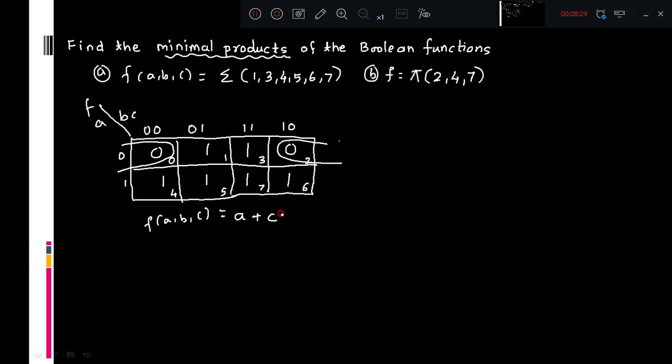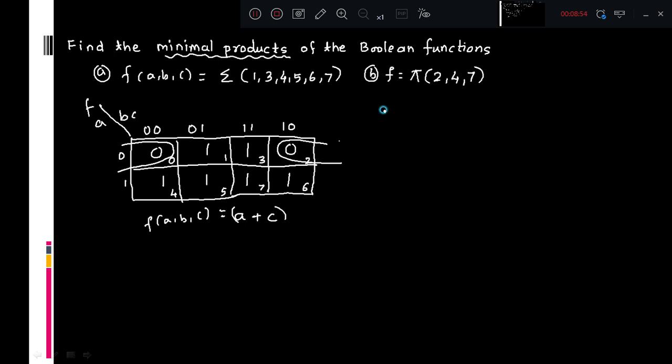In minimal sums 0 means complemented form, here 0 means uncomplemented form, 1 means complemented form, reverse. So this solution is a plus c.